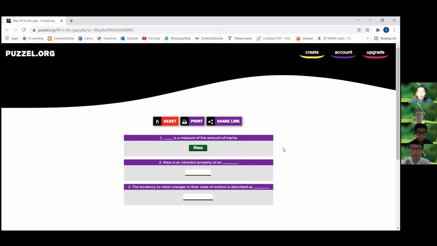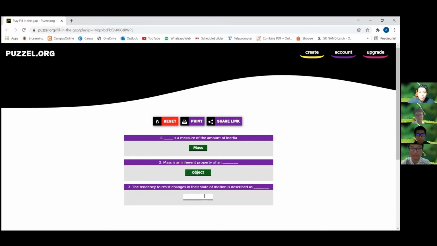Okay, next we move to question number 2. Mass is an inherent property of an object. Good one. Okay, we try to put object inside the blank. Good job, Yu Chijian.